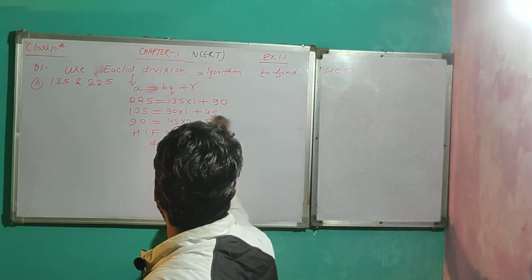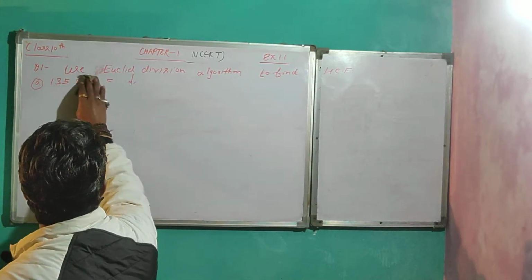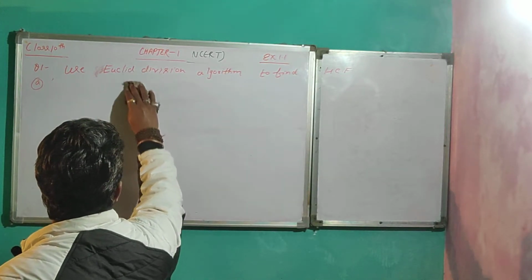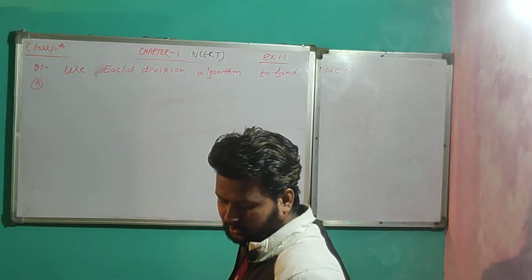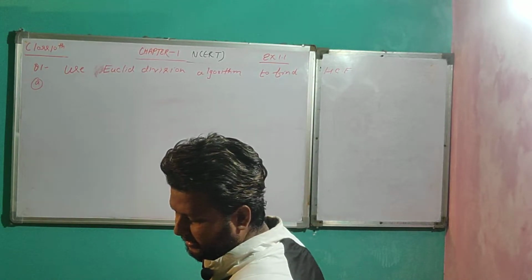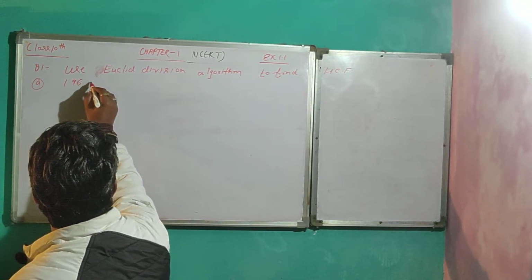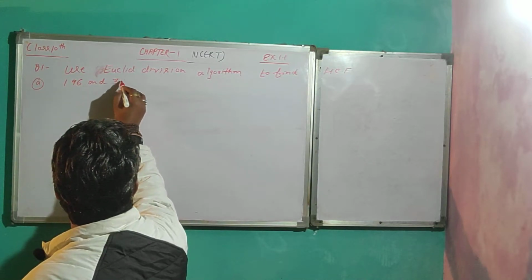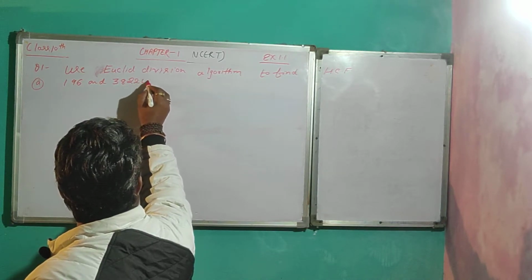Use Euclid's division algorithm to find the HCF of 196 and 38220.